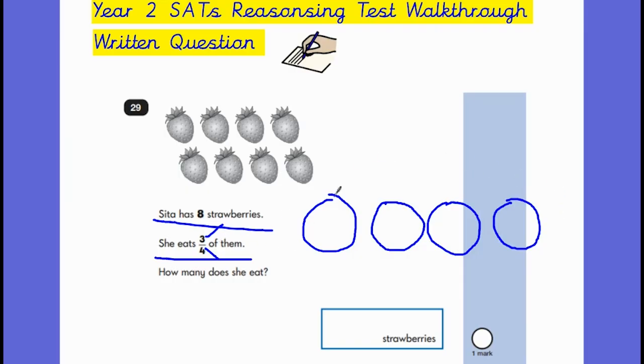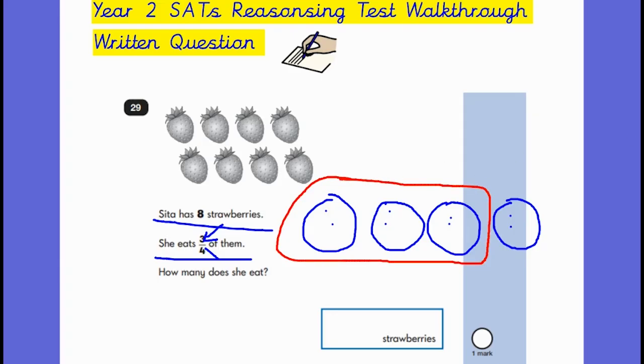And then once we've done that, so 1, 2, 3, 4, 5, 6, 7, 8, we want to count 3 of those groups. So what I say to the children is, circle 3 of those groups, and then how much have you got all together? 2, 4, 6. So 3/4 of 8 is going to be 6 strawberries.